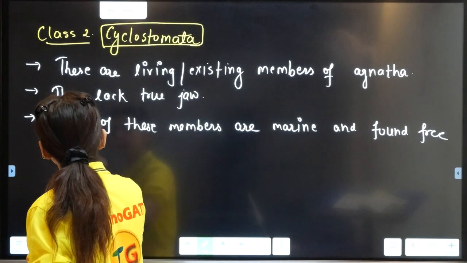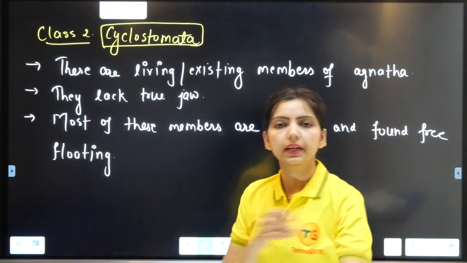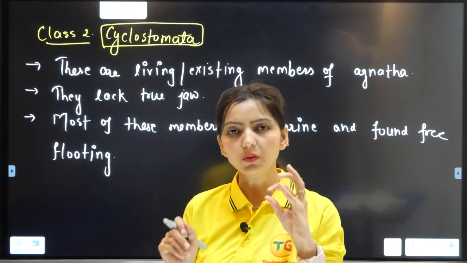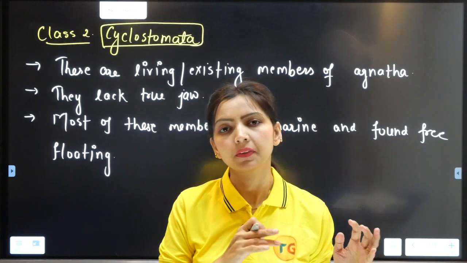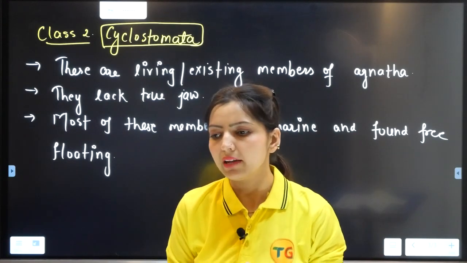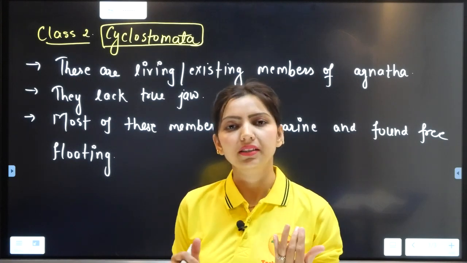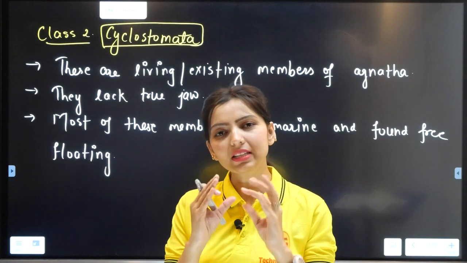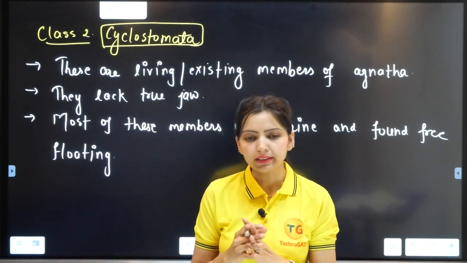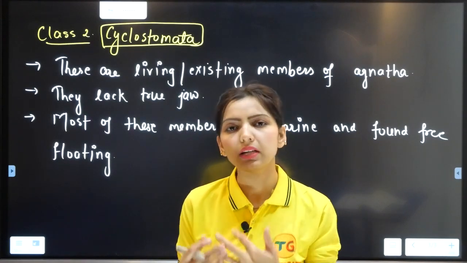Now understand a very important point, everyone. If I am saying that they are marine, it means one point is already very clear, that they are aquatic. So we don't have to mention the base point. If someone is saying that I study in 11th standard, it is obvious that you are a student. A few meanings are already hidden behind the words. If I say I teach biology, it obviously means that I am a teacher.